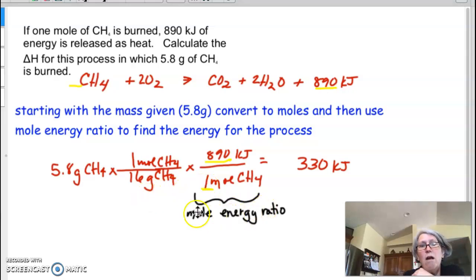And now here I'm using the mole ratio with energy. 1 mole of CH4 is related to 890 kilojoules. The reason I have 1 mole here is because there's 1 mole of methane, and the energy associated with 1 mole of methane is 890 kilojoules. So when I do this math, I come up with 330. So that's stoichiometry with energy.